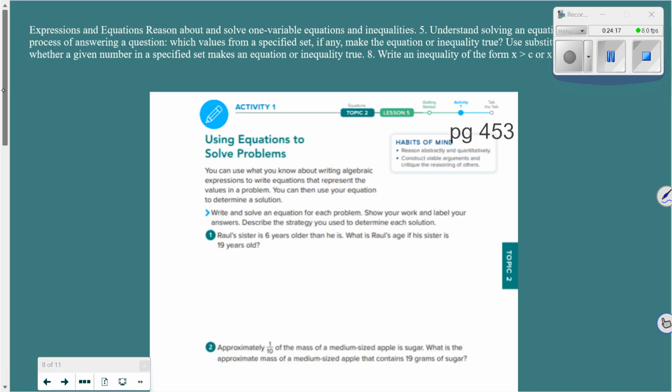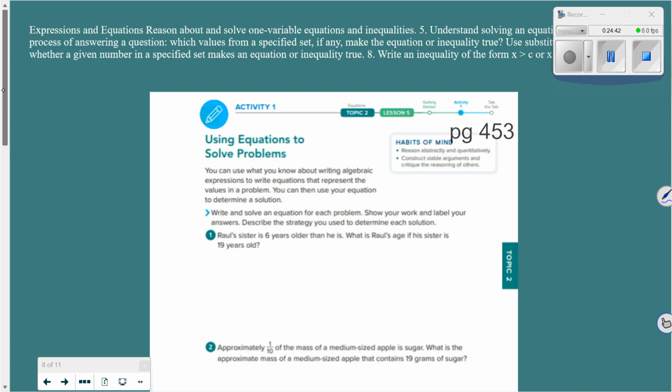We're actually going up to 453. We're skipping into the next lesson. In this lesson, our focus is going to be taking word problems, and we want to see if you can define a variable, figure out what you're trying to find, write an equation, and solve the equation given the information they have given you.